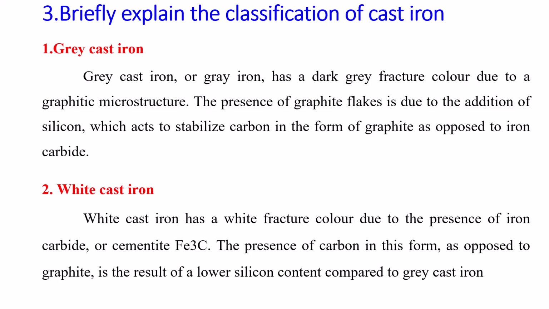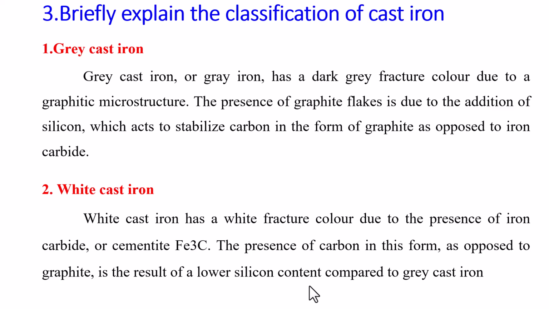Second is white cast iron. White cast iron has a white fracture color due to the presence of iron carbide. In white cast iron, the carbon is in the form of iron carbide, or simply cementite, which provides a whitish appearance of the cross section or fracture area.